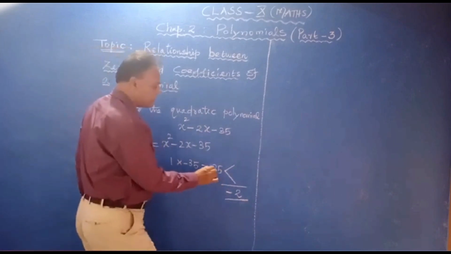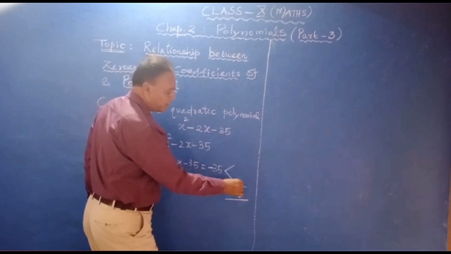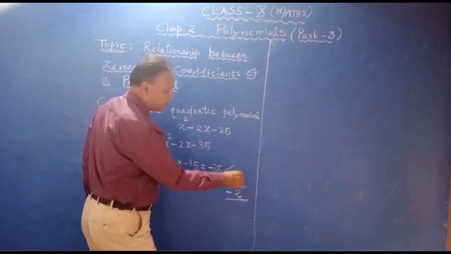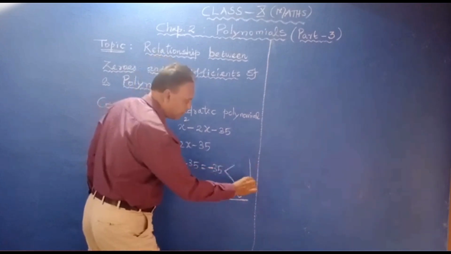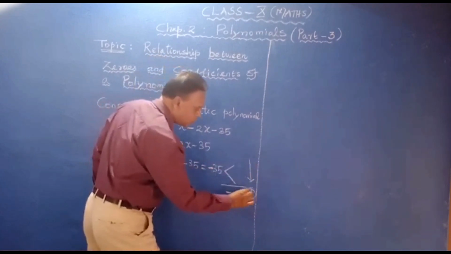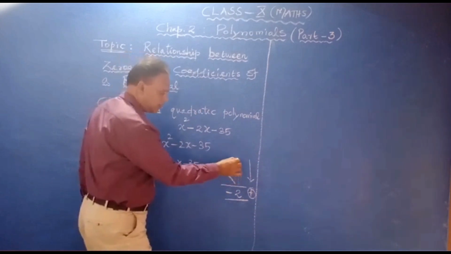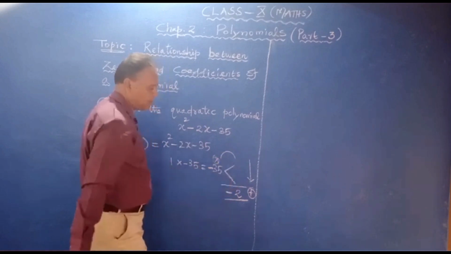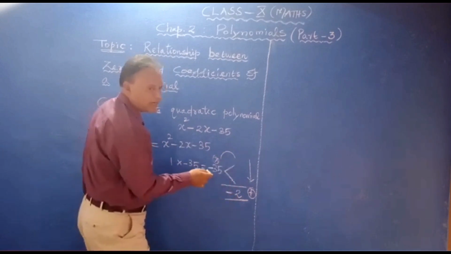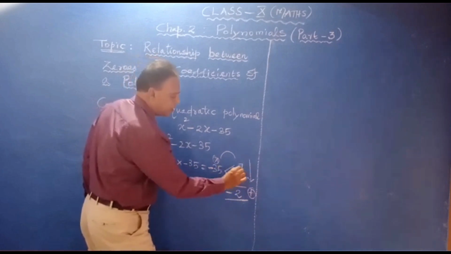So minus 35 we split, meaning we find two factors. When you add them you have to get minus 2, and when you multiply you have to get minus 35. Such factors you have to find. 7 into 5 is 35; the factors of 35 are 7 and 5.